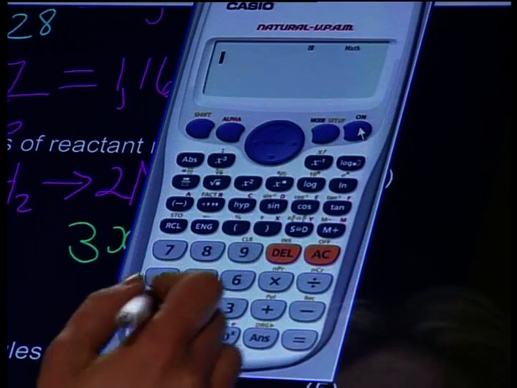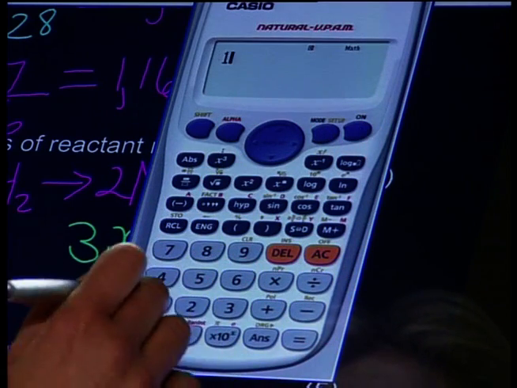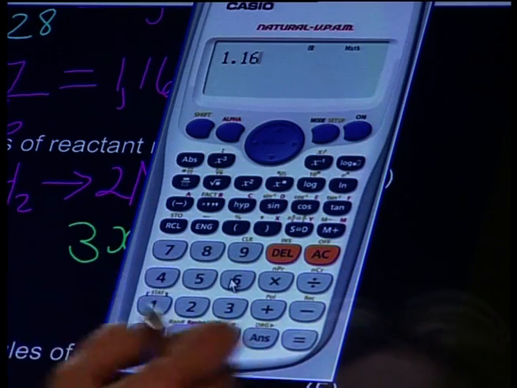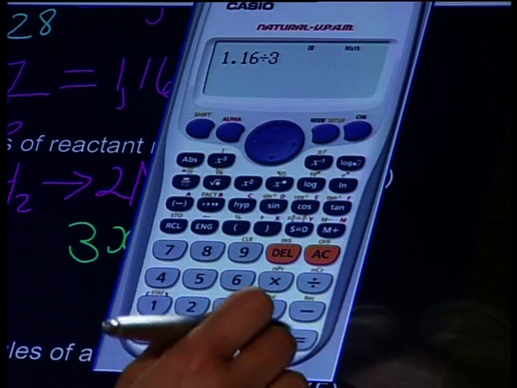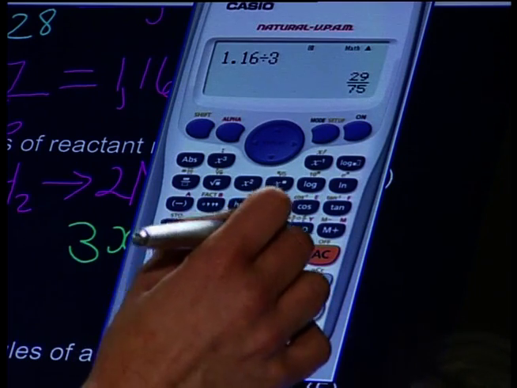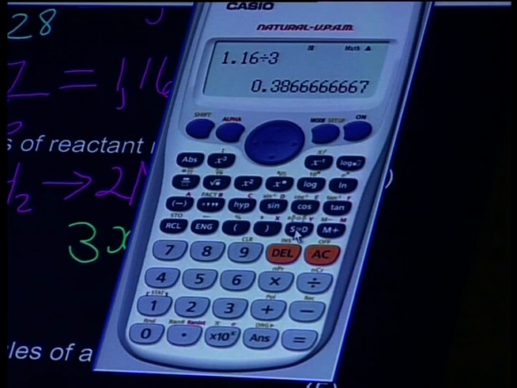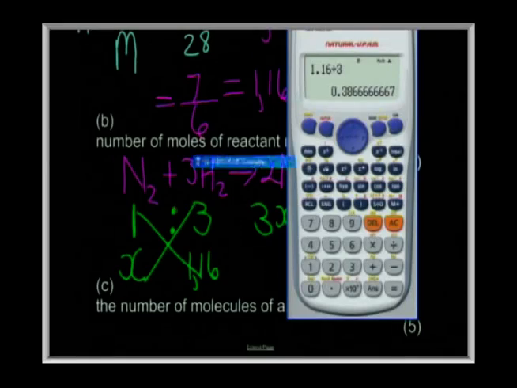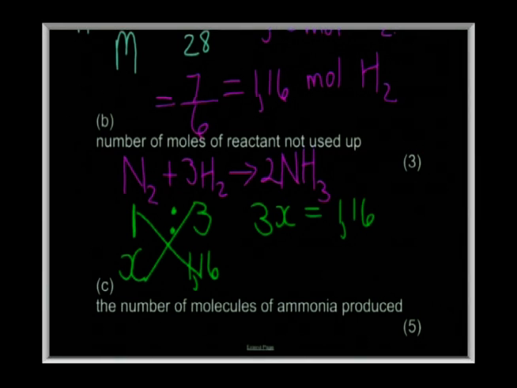And I'm going to say 1.16 divided by 3. And let's do it as a decimal. I'm going to round off now to 2 decimals, 0.39 moles of my nitrogen. So I can say I use 0.39 mole.